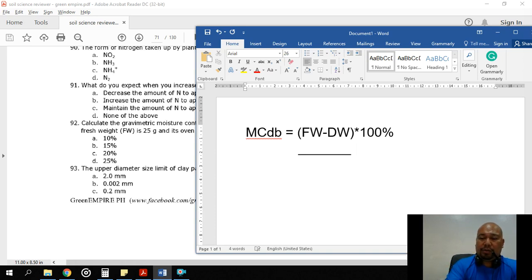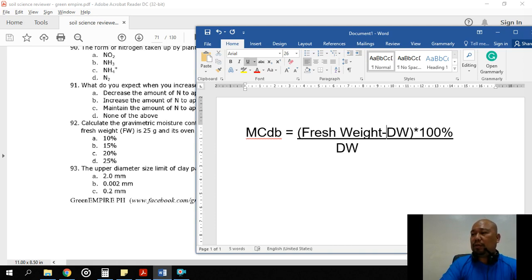Oh, that's weird. DW. Much better. Okay. Moisture content, dry basis, is equal to fresh weight minus dry weight times 100%. This is spelled out. I will give it to you before your exam maybe.